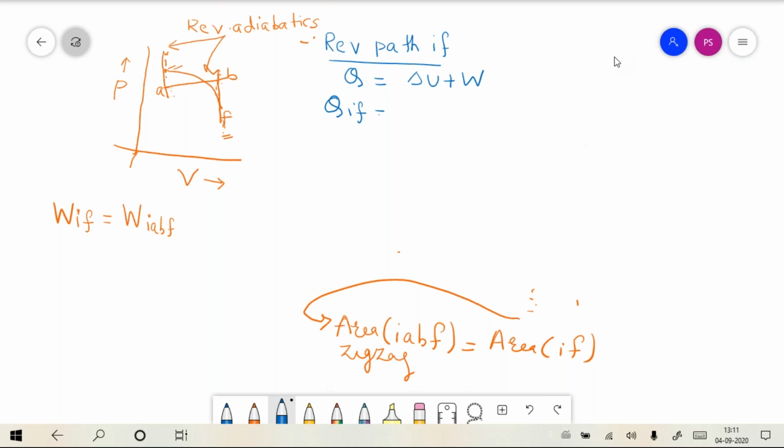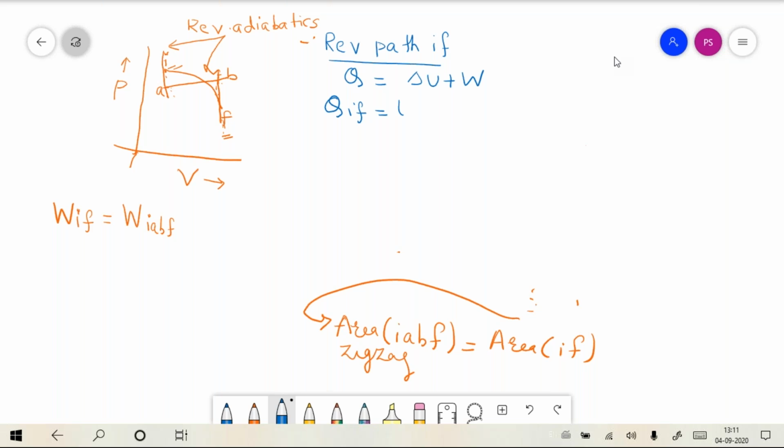Let me call this equation 1, and let me call this equation 2. Right? Now let me apply the first law of thermodynamics to the zigzag path.